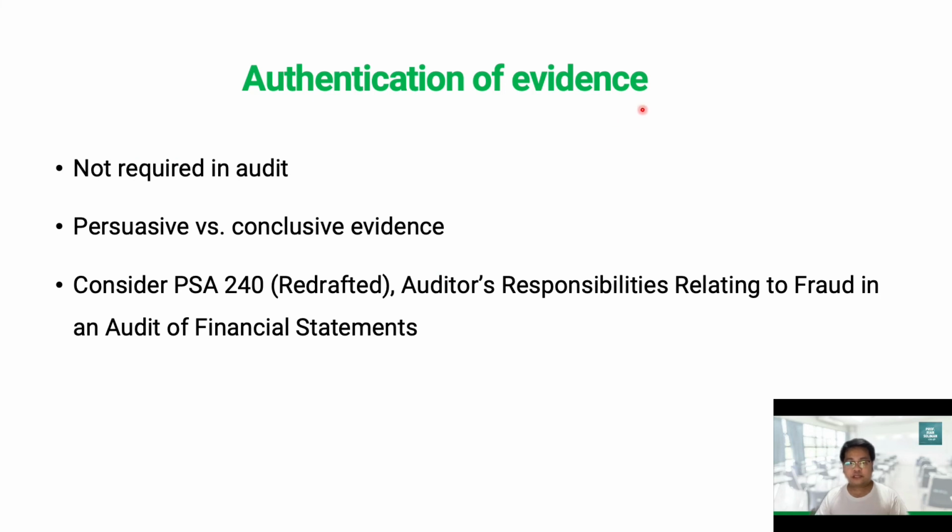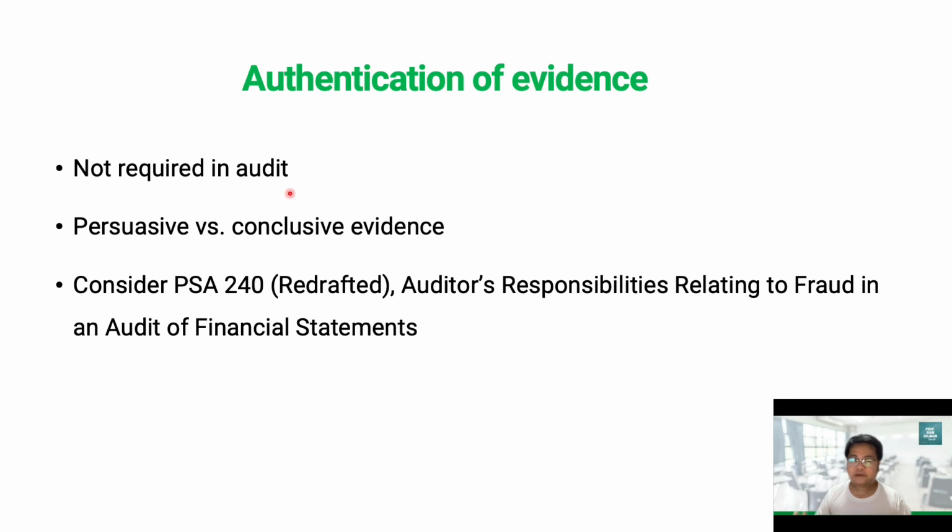Next, another issue is about authentication of evidence. As auditors, are we required to authenticate the evidence that we obtain? The answer is, it's not required in an audit. We are not experts in determining whether the evidence is genuine or authentic.